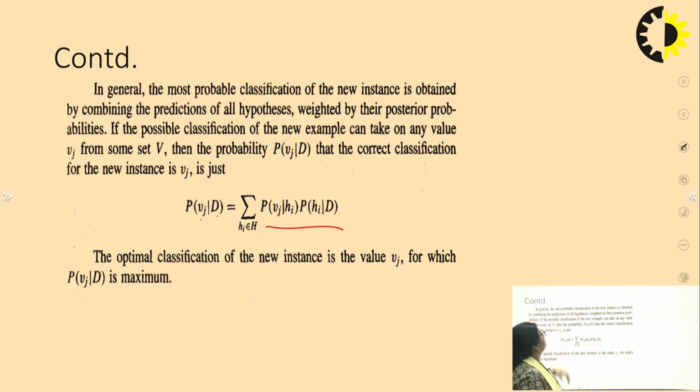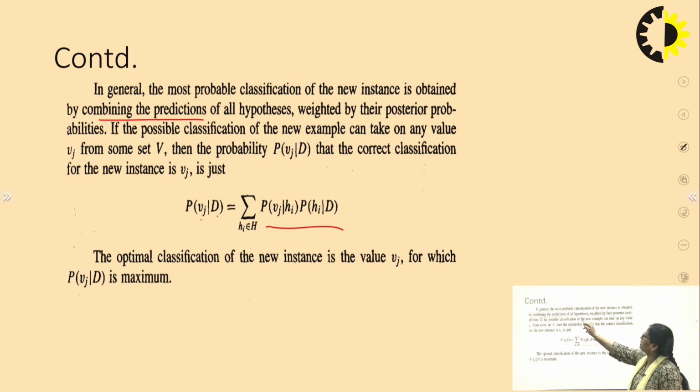The most probable classification of the new instance is obtained by combining the predictions of all hypotheses, because it may be the case that when we combine the results of the hypotheses, as we have seen in the previous example, we find that 60% are against belonging to class 1. So we will combine the predictions of all hypotheses weighted by their posterior probabilities.